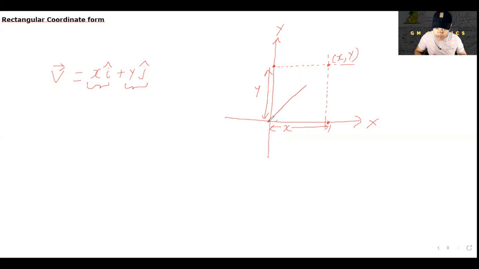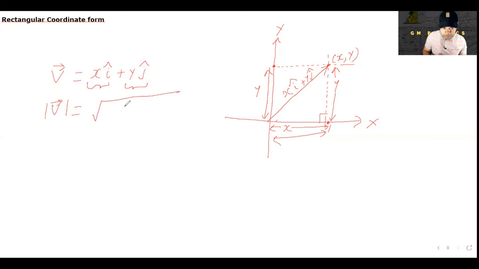So this is the vector which is x i plus y j, right? What is its magnitude? We had calculated. This is y and this one is x, right? So using the Pythagoras theorem, we can write the magnitude of the vector is root of x square, means square of the x component, plus square of the y component.